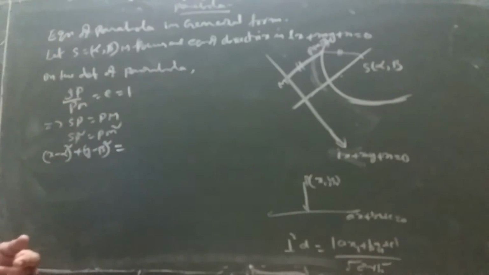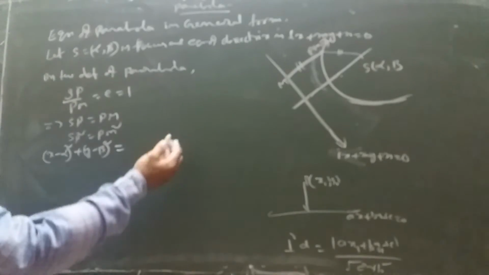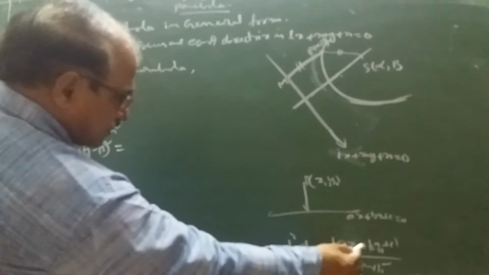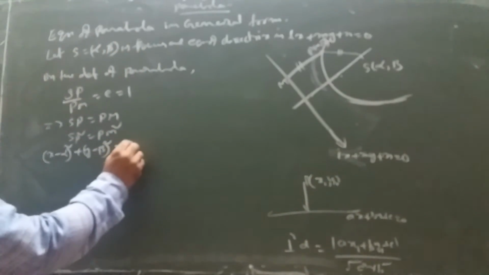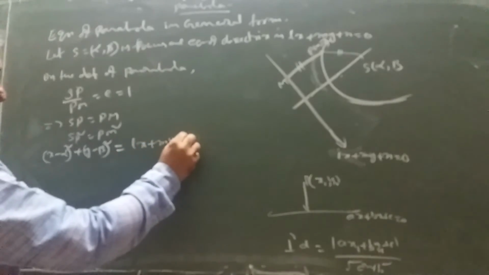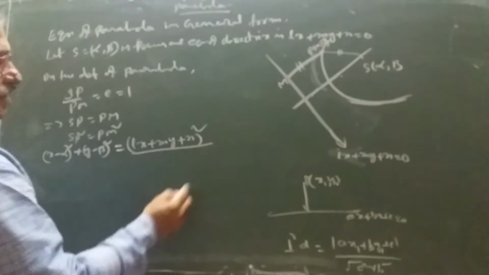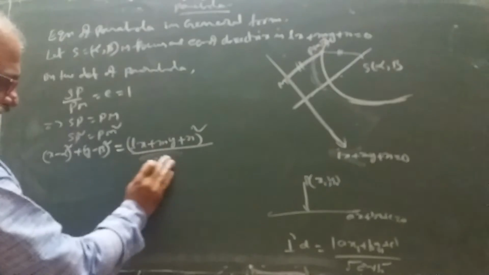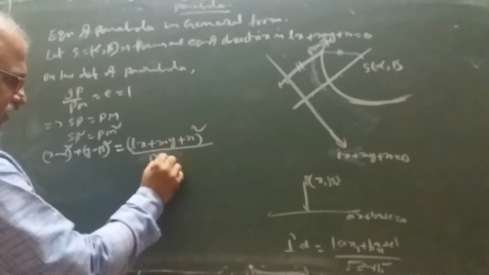By using that, here for PM square the point is (x, y), and the straight line is Lx + My + n, so (Lx + My + n) whole square, because squaring, divided by the sum of squares of the coefficients, L square + M square.